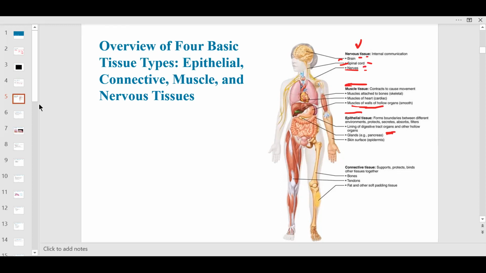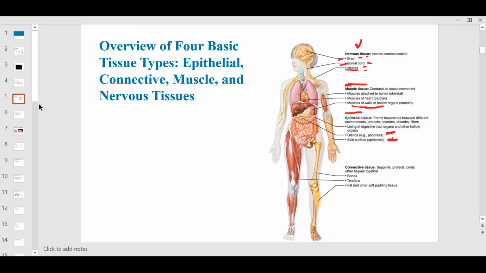Then you have exocrine glands, which secrete enzymes, like salivary enzymes or digestive enzymes, into ducts, or sweat glands secrete sweat onto the outer portion of the body, or cerumen glands. Remember, we talked about the ceruminous glands in the outer ear that secrete cerumen. Those are all exocrine, and they're epithelial tissue. The sebaceous gland in the dermis secretes sebum out onto the skin.